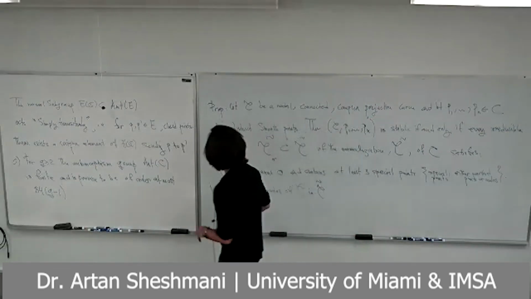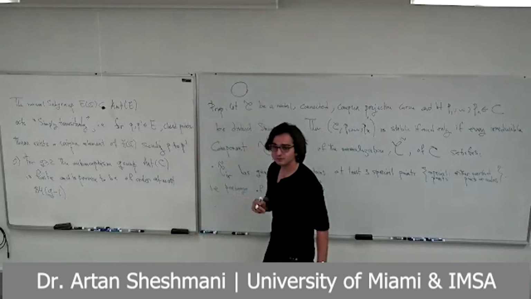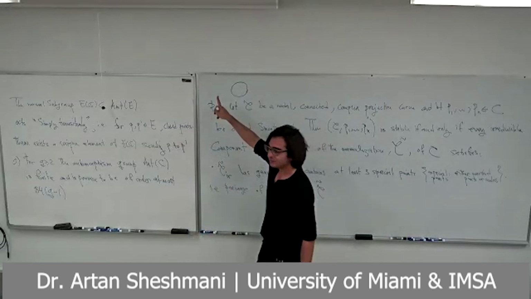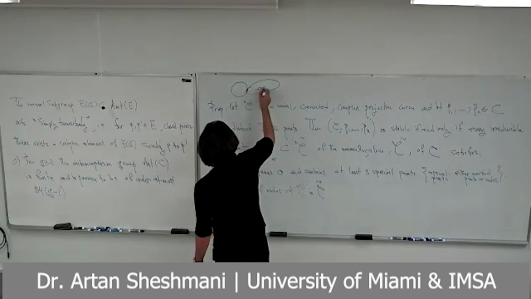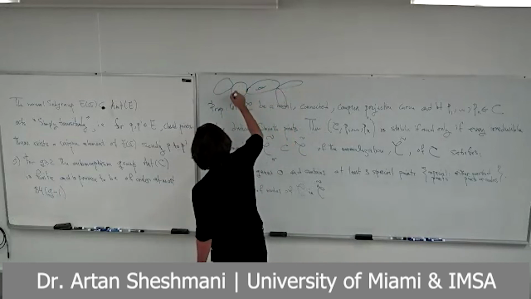For instance, it could be a curve like this. I can draw things in real dimensions, so every P1 in real dimensions looks like a sphere, right? So it could be like this, some donut part, something like this, or some other variety attached to it. So these are nodes.